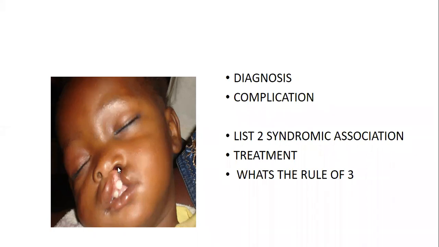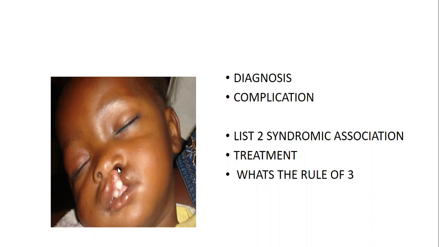If it extends beyond this into the nostril, then it's called a complete cleft. If you look at this, the cleft extends into the nostril. It has breached this place. You can see my cursor, right? Can you all see my cursor? Yes. Okay, so once it breaches this place, then it's a complete cleft. So you can see that the cleft has extended beyond this. This is a complete cleft.